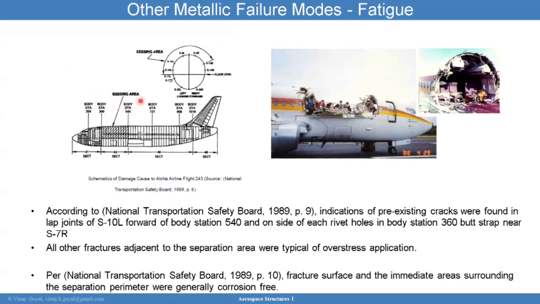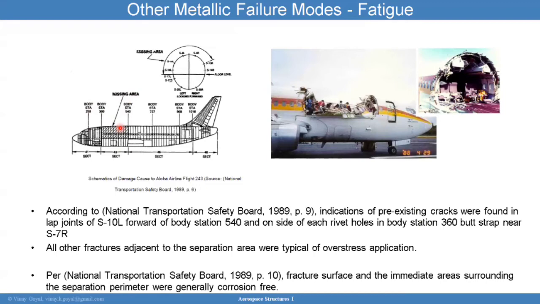So this is the region where we had the issues. All other fractures adjacent to the separation area were typical of overstress. That tells us that there is something going on here.